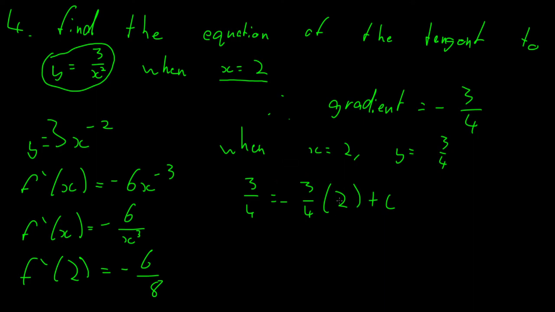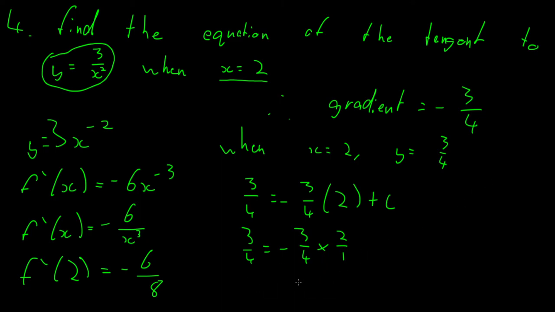So we get 3 on 4 equals minus 3 on 4 times 2 on 1, so we'll get minus 6 on 4.